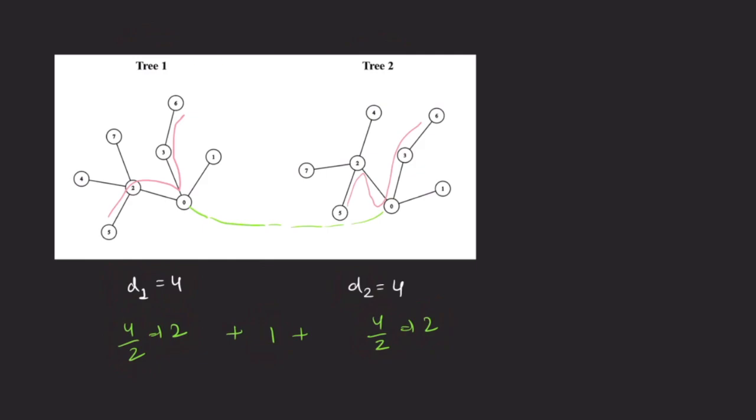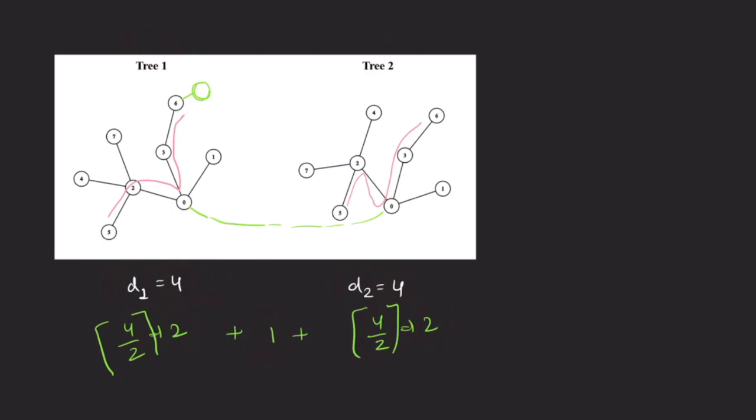The first edge case is, what if the diameter is odd? Suppose we had a node here, then the longest path would be 1, 2, 3, 4, 5. So tree 1 should have a diameter of 5. In that case, when you connect this node with this node, the mid would be again node 0 only, because on one of its sides it will have a path of length 2, and on the other side a path of length 3. So instead of just dividing by 2, we can take a ceil of this.